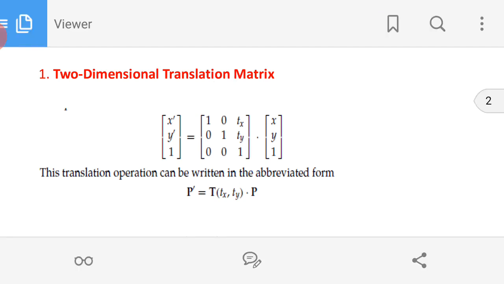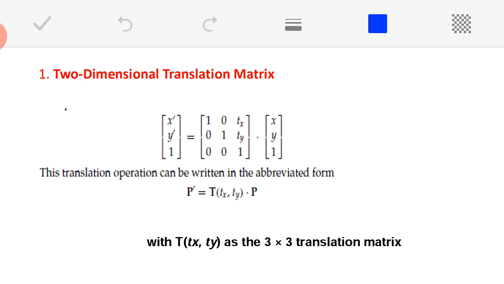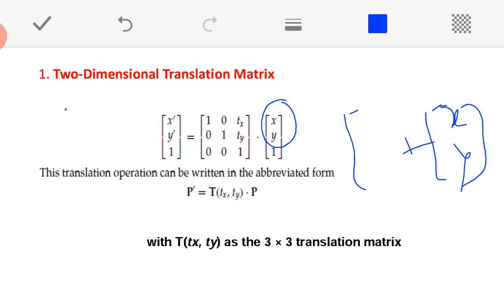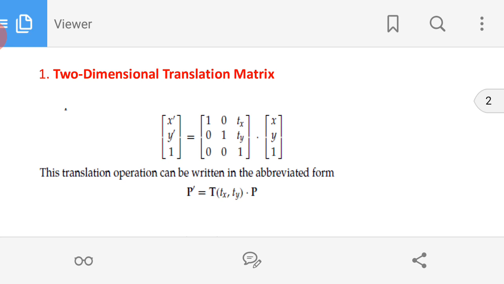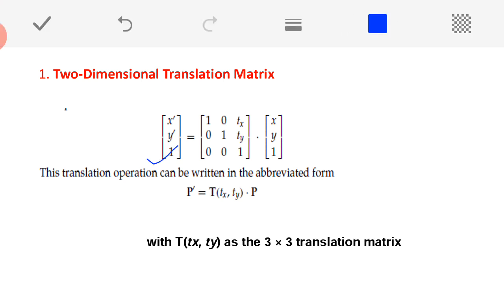Just remember, our actual translation was the column matrix point x comma y plus the translation factors t x, t y, which is equal to x dash, y dash. Only this much was there. Now we add the third element, the homogeneous parameter 1, and one extra row and column. This is how we write the translation matrix for 2D.